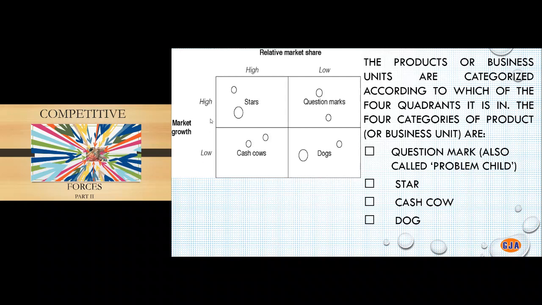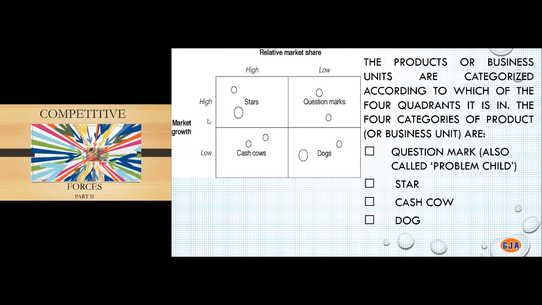From low to high. And horizontally from left to right. And for a better reading of this BCG graph, it is better that we divide it into four like this. Your vertical like this, and the horizontal like this.